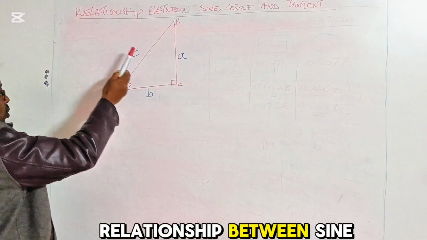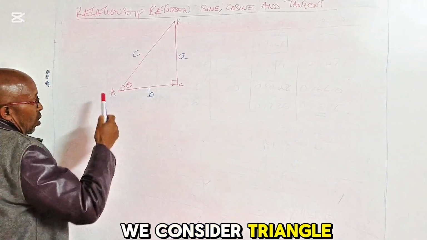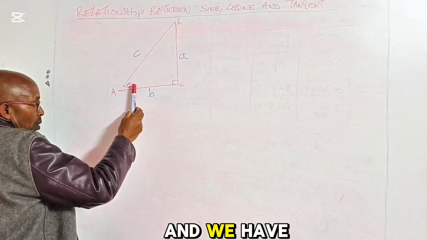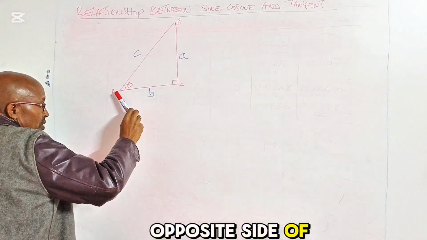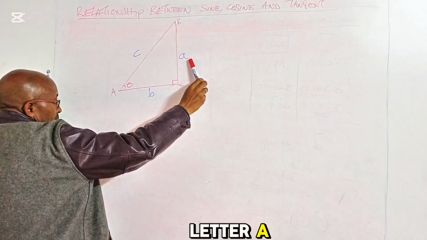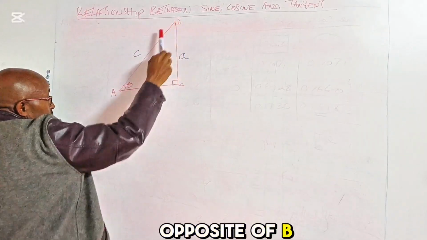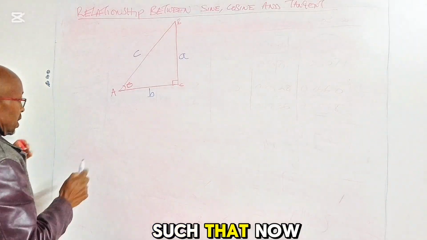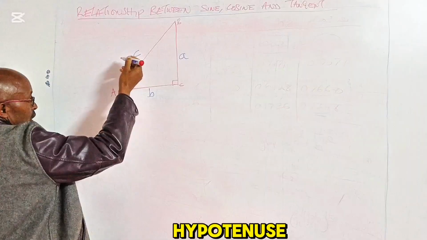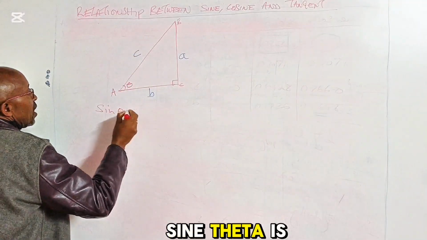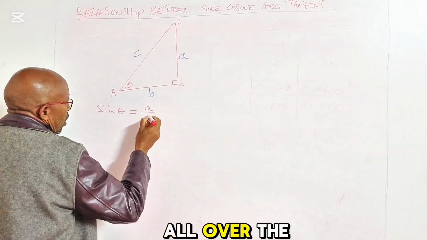The relationship between sine, cosine, and tangent. We consider triangle ABC, and we have angle theta here. We label the opposite side of A using small letter a, opposite side of C, small letter c, opposite of B, small letter b, such that now we'll use the letters a, b, c to denote the opposite side, hypotenuse, and the adjacent. Sin theta is equal to opposite side a all over the hypotenuse.